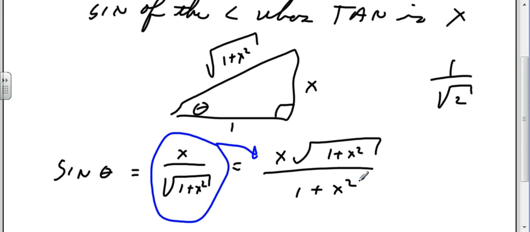Why am I complicating my form? When you get to calculus, you're not going to rationalize your denominator and do that. You're going to leave it like it is. You're still going to rationalize this denominator when you get to calculus, but you're not going to rationalize something like that. You're just going to leave it that way.